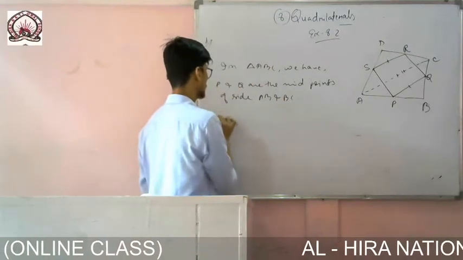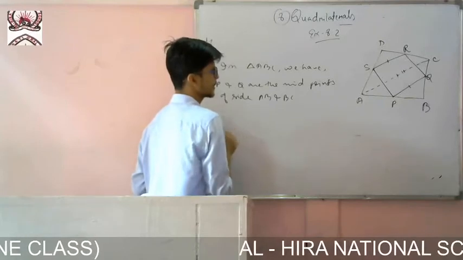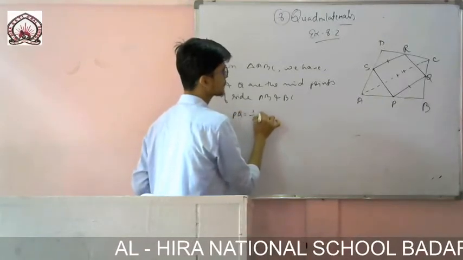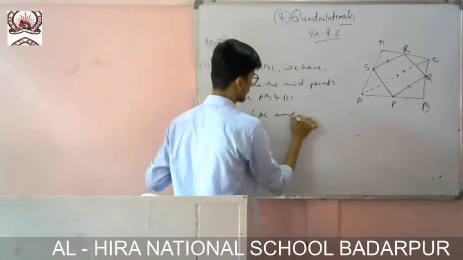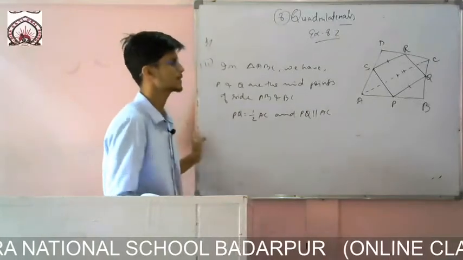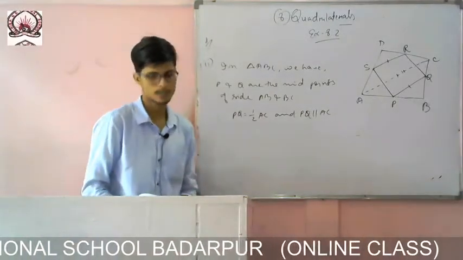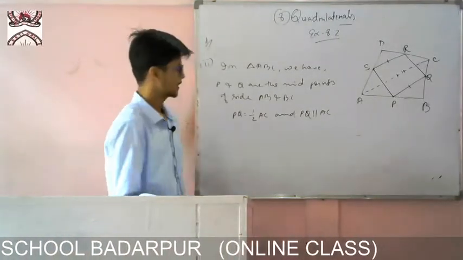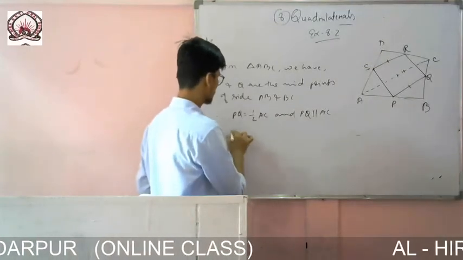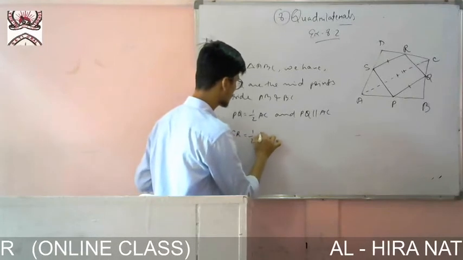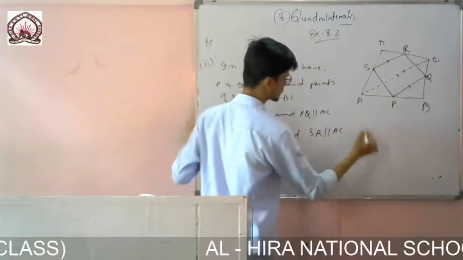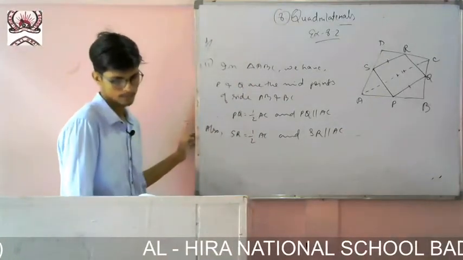So according to the theorem, I can write that therefore PQ is equal to half of AC and PQ is parallel to AC. And also we have proved that SR is equal to half of AC and SR is parallel to AC.